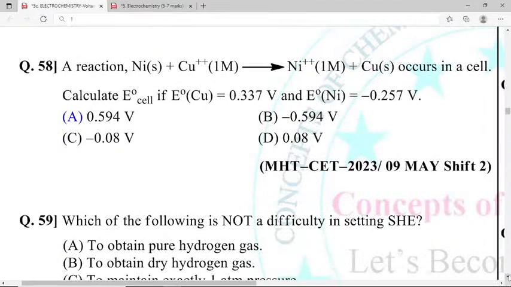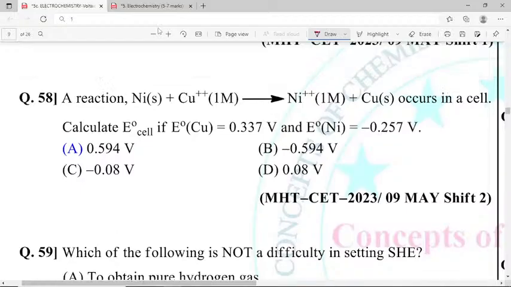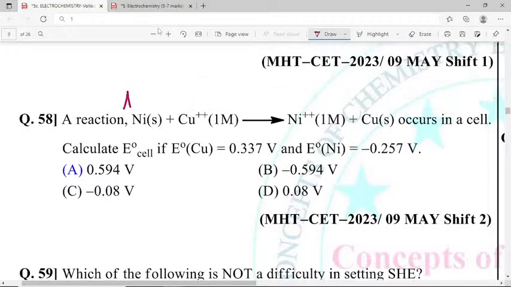A reaction, nickel plus copper 2+, nickel 2+ plus copper, occurs in the cell. Calculate the E naught cell. So nickel is the anode and copper is the cathode. What is the formula here?